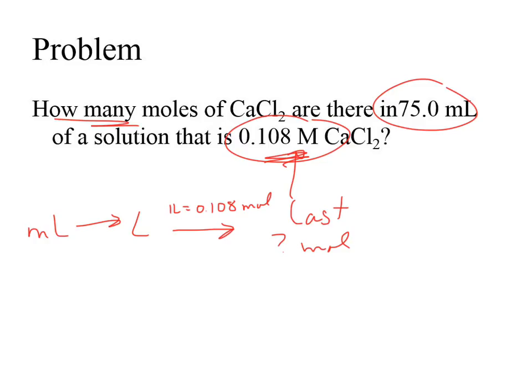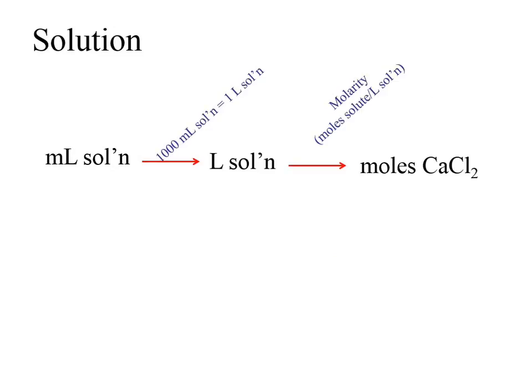Okay. So this is actually what I just said, but fancier. We're going to go from milliliters to liters, because we can't use molarity with milliliters. And once we're at liters of solution, we can use molarity to get to moles of, in this case, calcium chloride, CaCl2.